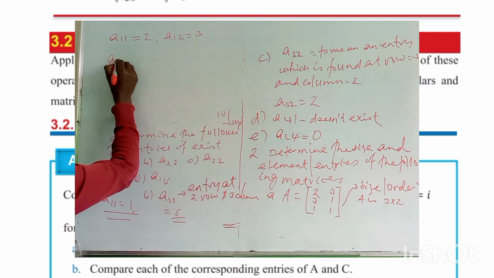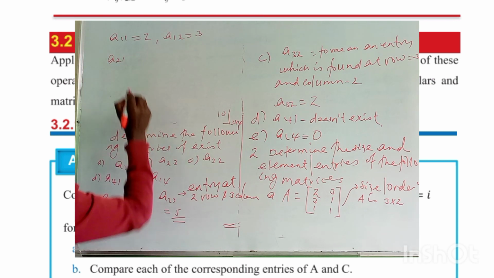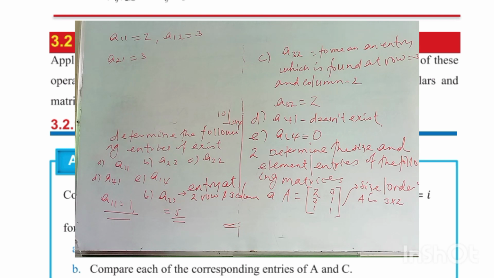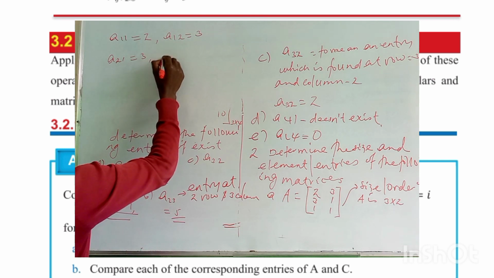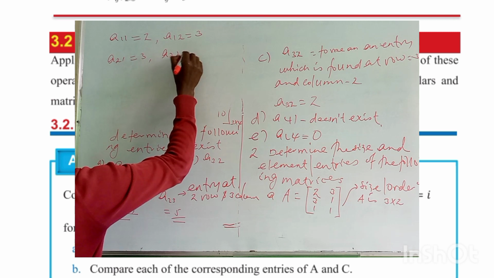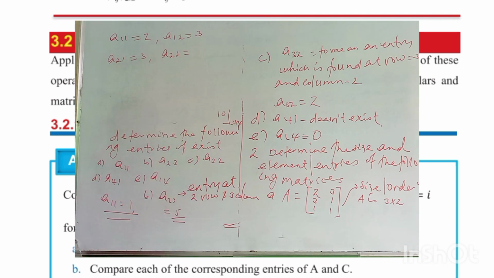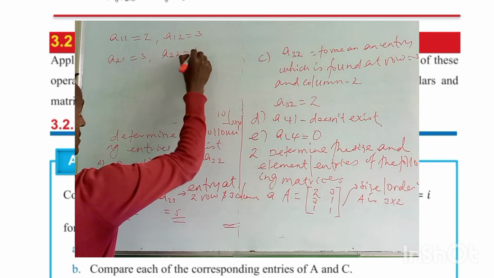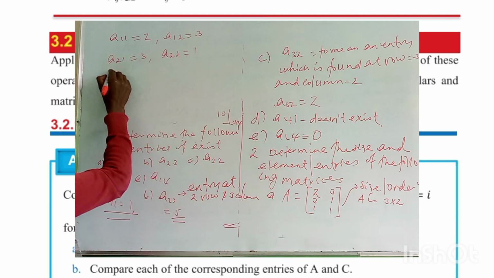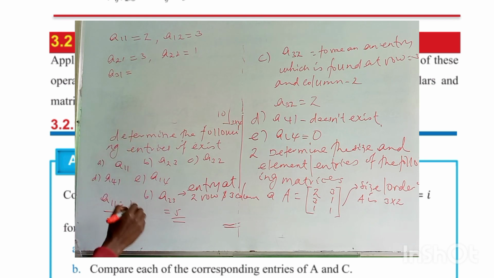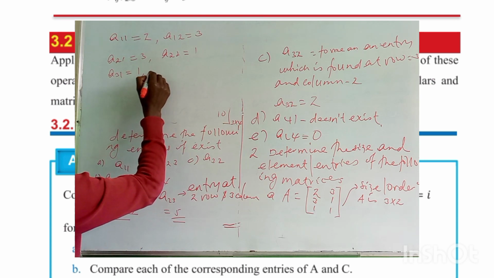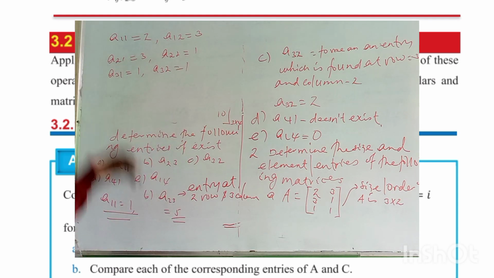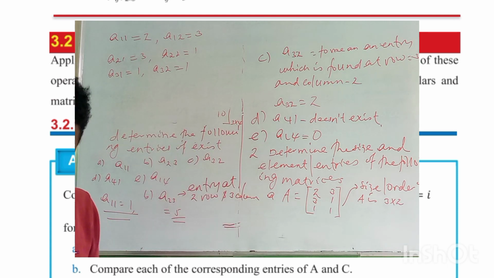What is A21? A21 is 7, because it is an entry found at row 2 and column 1. The other one is A22, at the second row and second column, which is 1. A31 is 1. A32 is still 1. Therefore, these are the entries of matrix A.